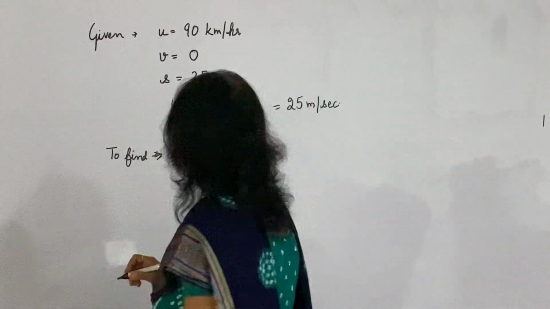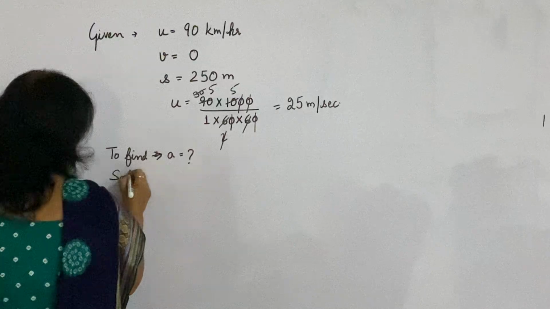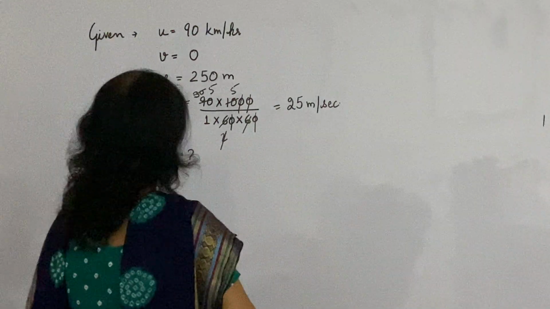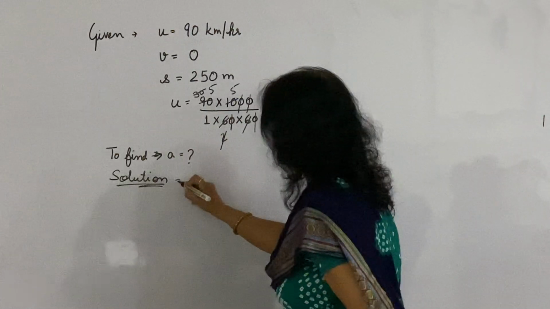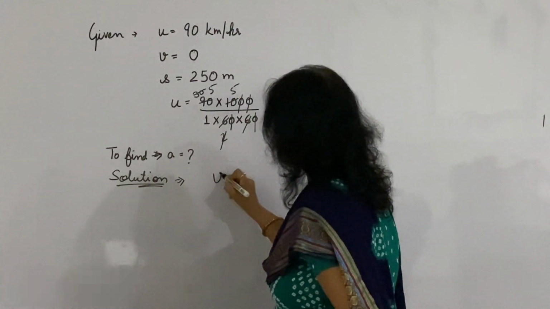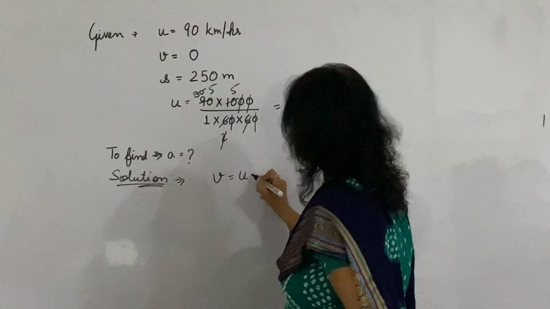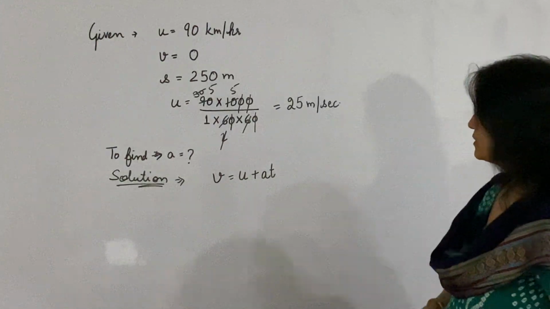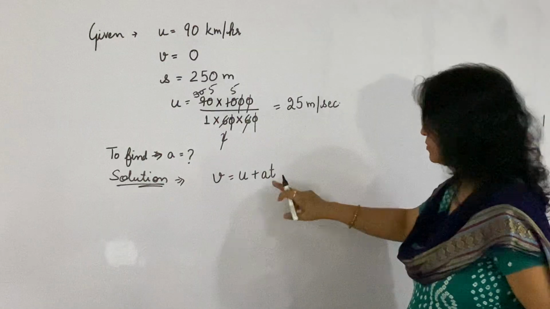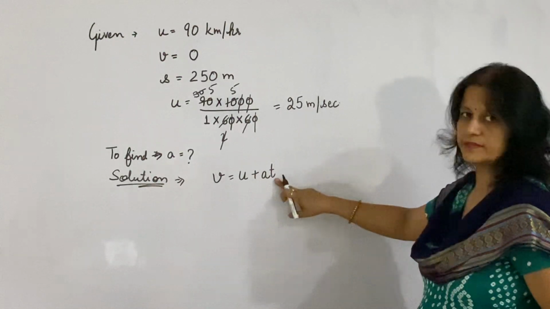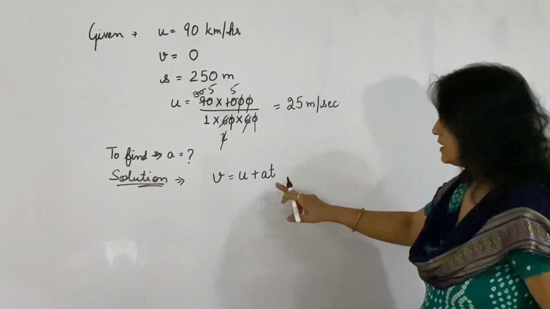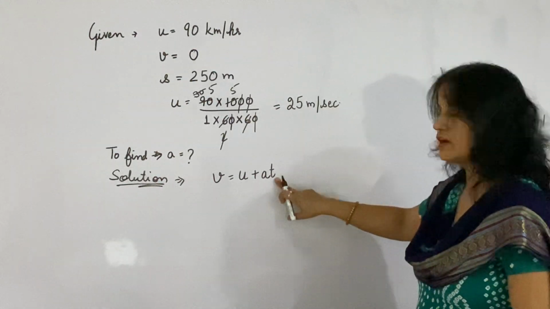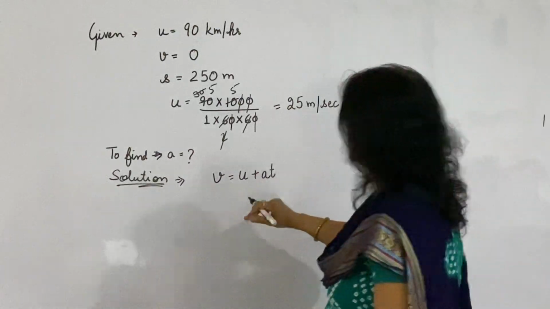As we know the equation v is equal to u plus at, in this equation two terms are unknown, one is acceleration, second one is time. So for calculating the acceleration, first we have to calculate the time. How do we calculate the time?